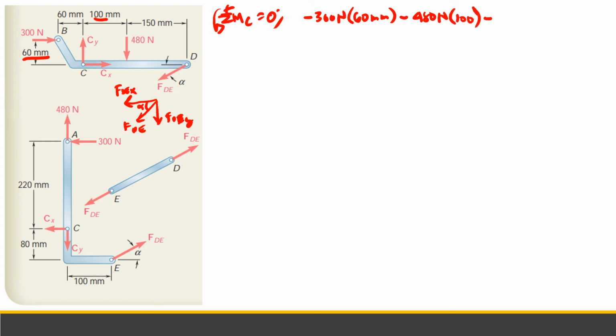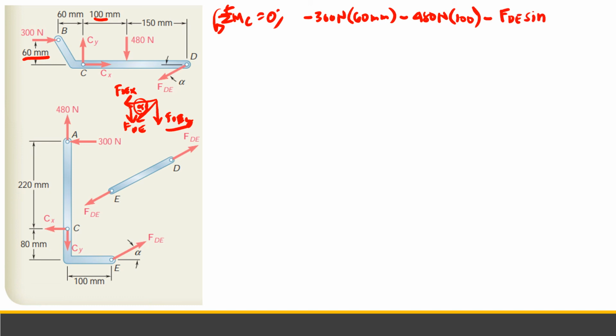minus, so yung gagamitin natin is yung Y component ng FDE. So yung Y component niya is opposite to alpha. So opposite siya sa alpha, meaning sine yung gagamitin natin.